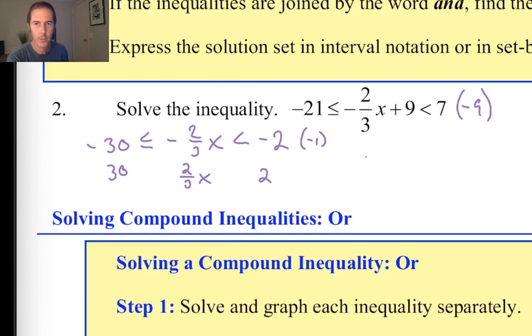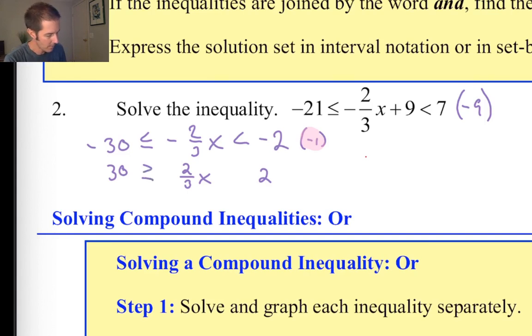And the thing we need to be very careful of, that you need to remember, is that when you're multiplying an inequality by, or dividing an inequality by a negative number, we're going to switch the signs, or flip the signs, or change the direction of the inequalities. However you want to phrase it, make sure that it happens.